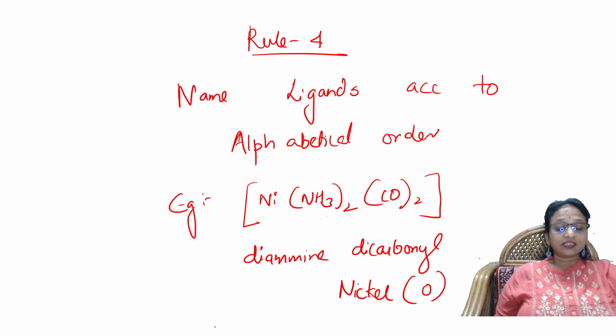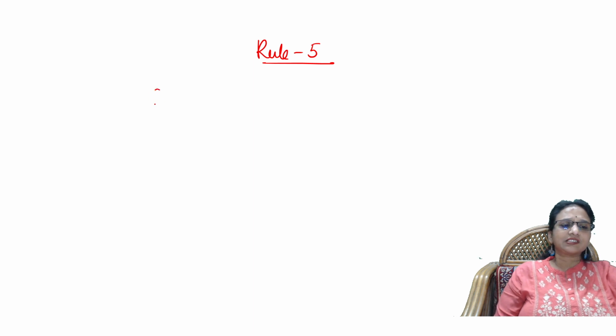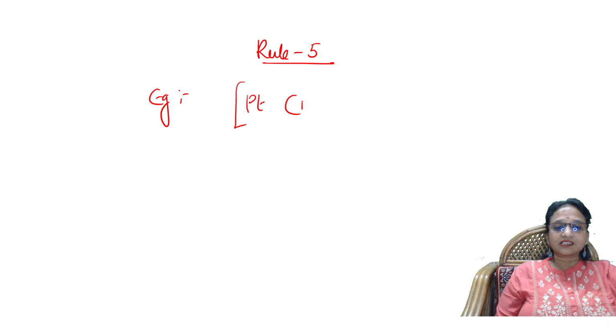Okay, right. And next important rule to remember, rule number 5, is suppose you have a complex, let us take one example. This is an ammonia complex. Then here, what should you do?